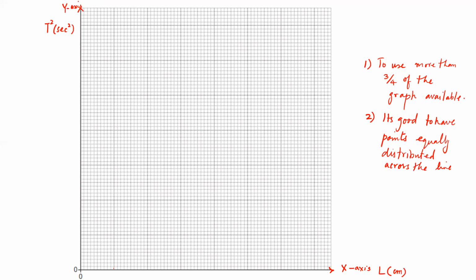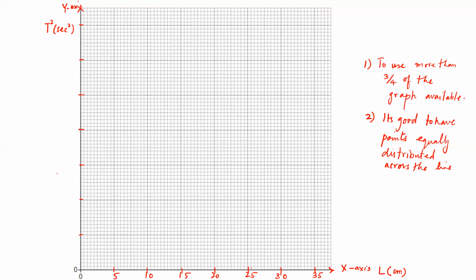Again, I'll start with 0: 5, 10, 15, 20, 25, 30, 35. Now on the y-axis, 1, 2, 3, 4, 5, 6, 7.